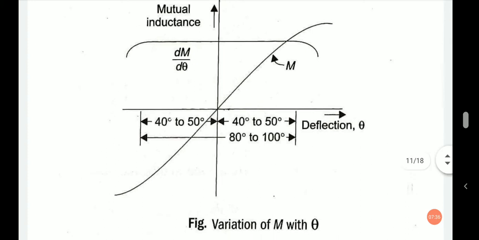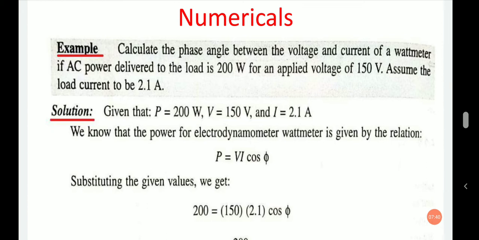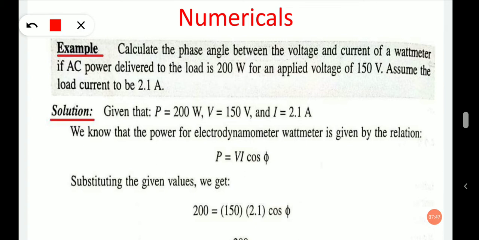Now we will see some numericals. Calculate the phase angle between the voltage and current of a wattmeter if the AC power delivered to the load is 200 watt for an applied voltage of 150 volt. Assume the load current is 2.1 ampere.